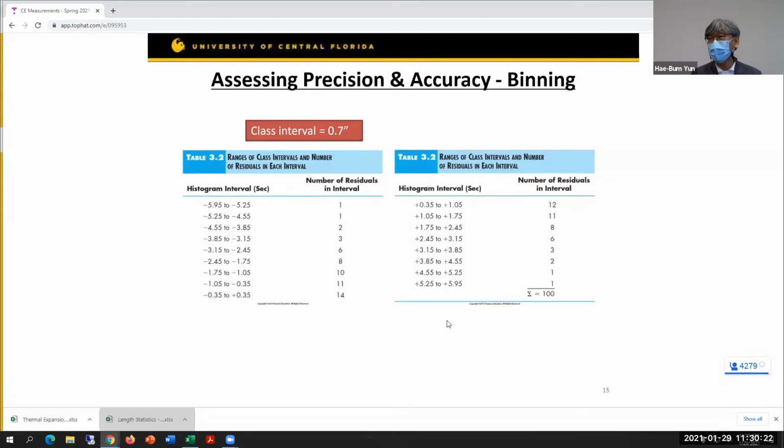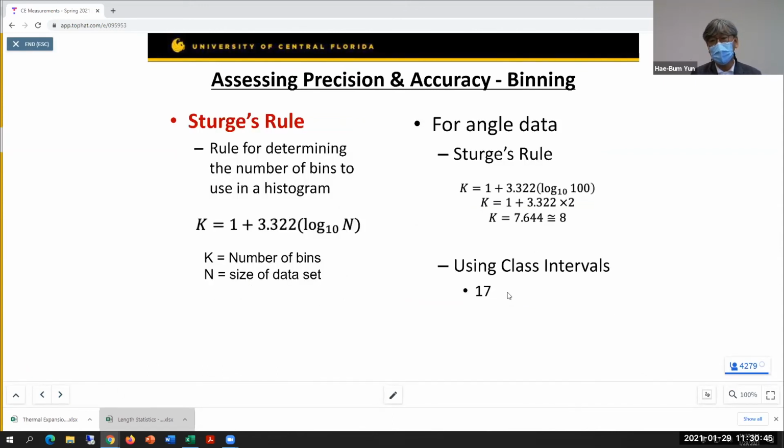I know that students are counting, so I will wait. How many bins do we have with the class interval of 0.7 seconds? We have 17 bins. If you count these rows, it will be 17 bins.